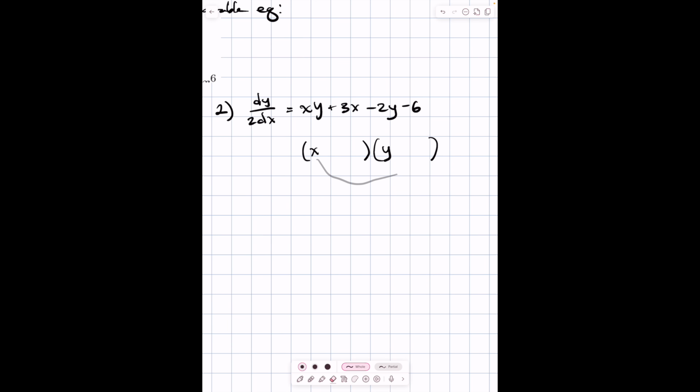Well, what term multiplies with x? It's this one, so we need this to be a +3 and this one to be a -2. And just to prove it to you again, this multiplied is xy, this plus 3x, this multiplied together is -2y, and then -6 is the last one. So it does turn out to be equivalent.